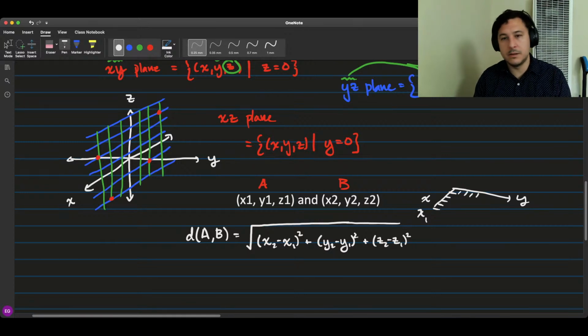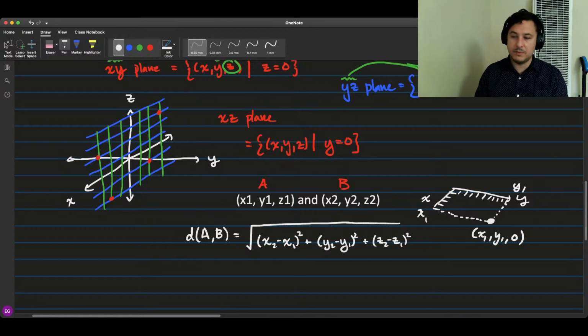You would move out y1 in the y direction. So you get this point right here. x1, y1, comma 0. Does everyone get that this is a point on the xy plane? Because I have x1, y1, comma 0.